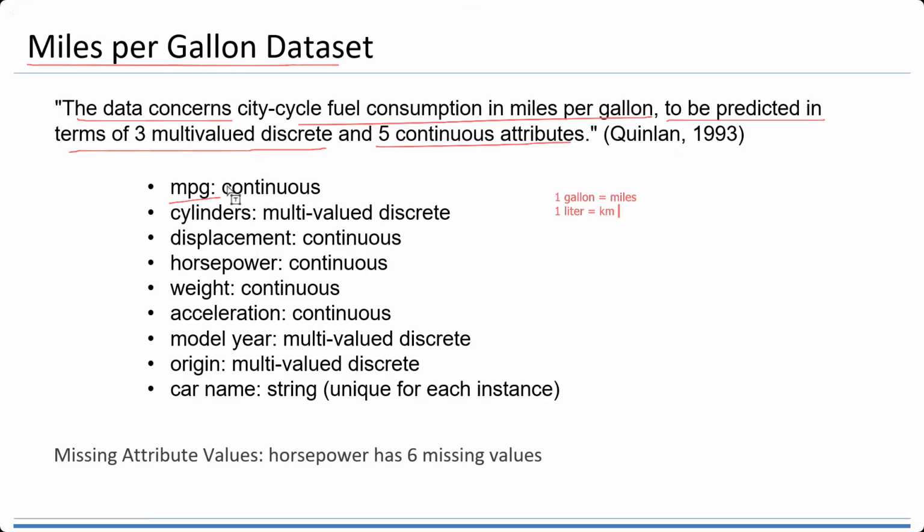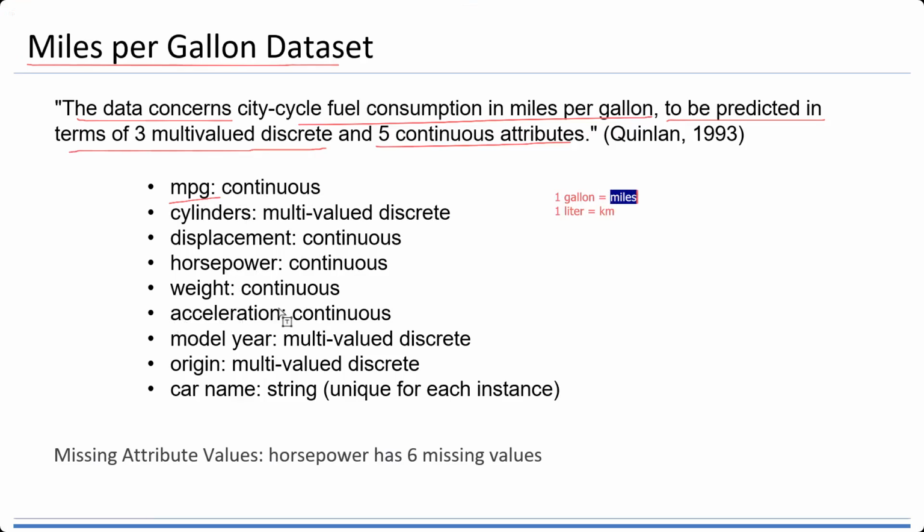So there is a data. This is the continuous data. So the MPG, it means miles per 1 gallon. Cylinders, it is multi-value discrete. Displacement, it is continuous. Horsepower, this is the power of the car, continuous value. Weight, this is the weight of the car, continuous values.